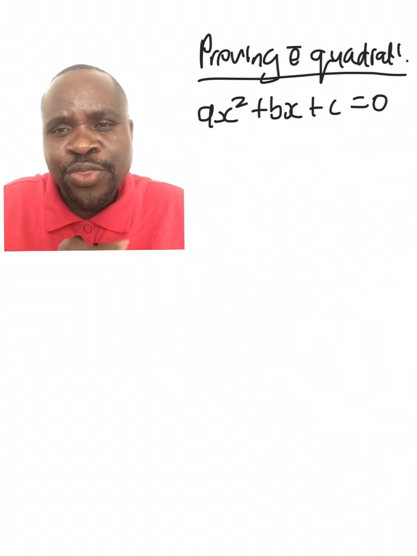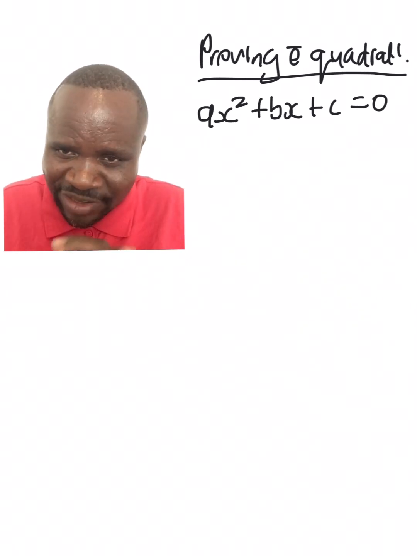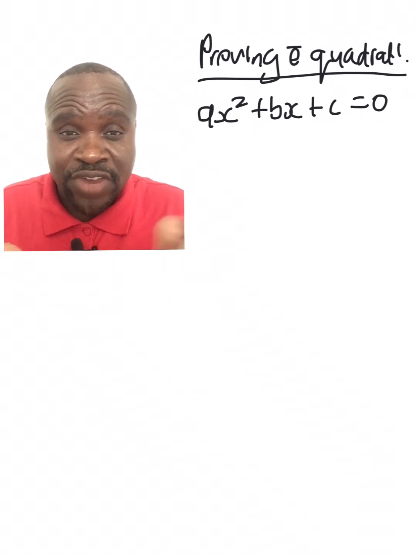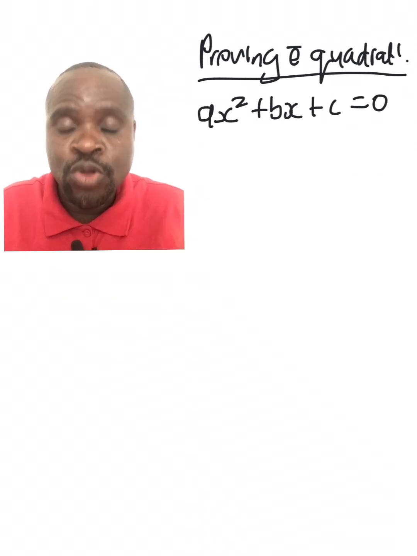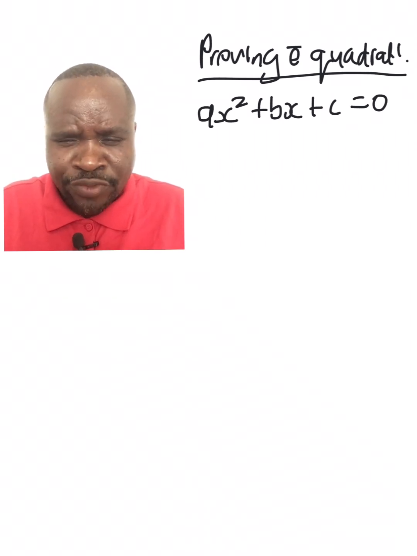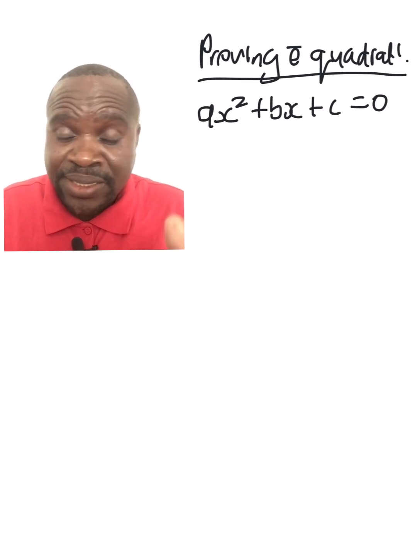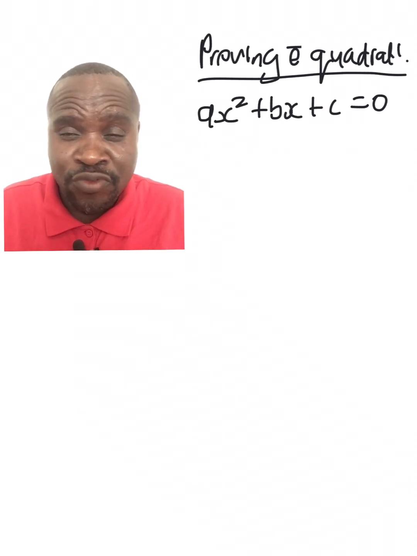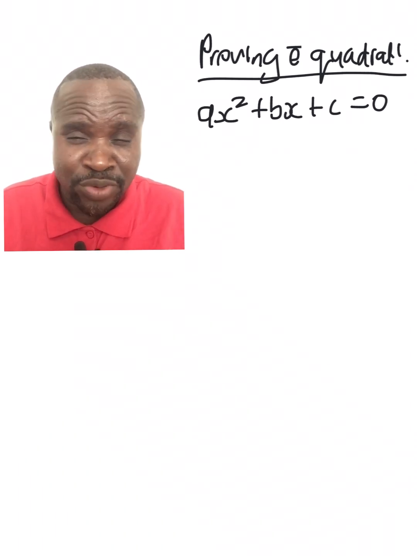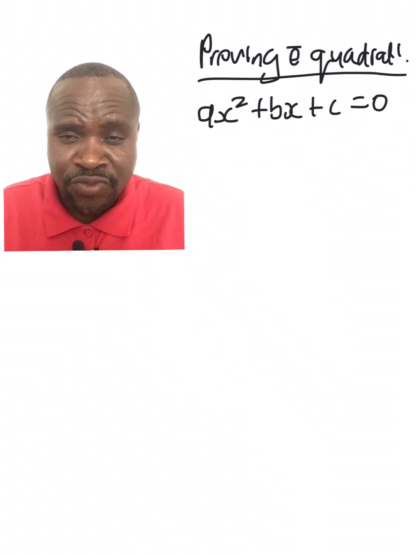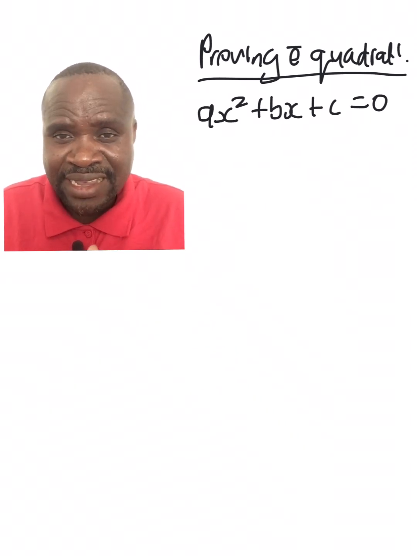The second method is by taking the quadratic formula and substituting the values of a, b, and c into it, and then you get the values of x. The third one is the method of completing the square. You complete the square and then you go on to find the values of x.